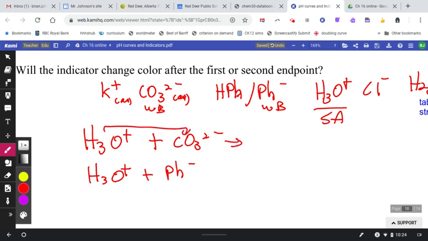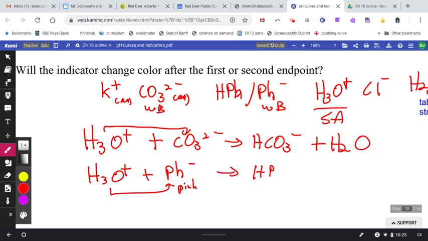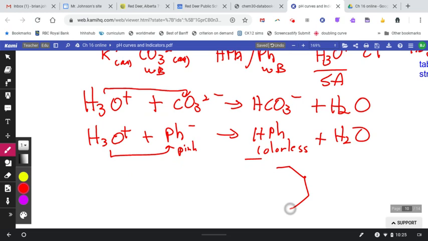Okay, add a proton: HCO3 minus and water. The titration has not changed color yet. Now it does. pH minus is pink. It switches to its acidic colorless form, and water. And as soon as it switches, you would stop.